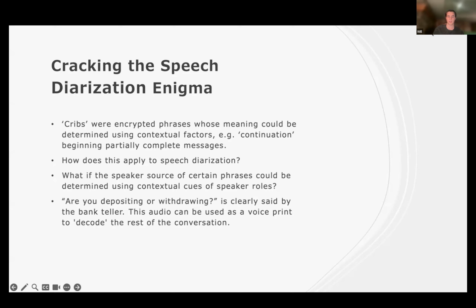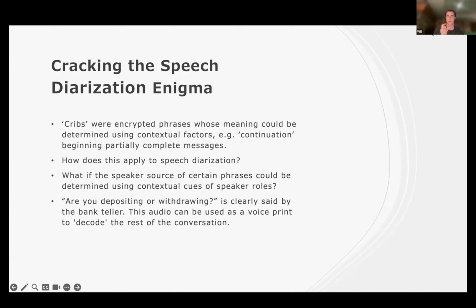So how does that apply to speech diarization? Well, what we were thinking is, what if you knew the speaker source of certain phrases within a spoken conversation based on contextual factors such as role distinctions between the speakers?